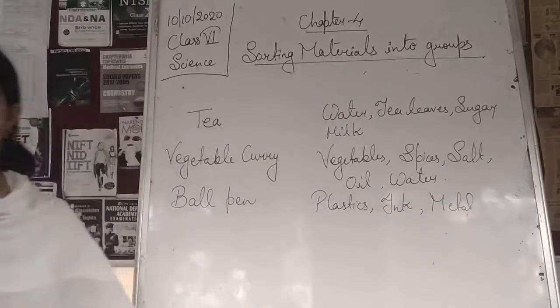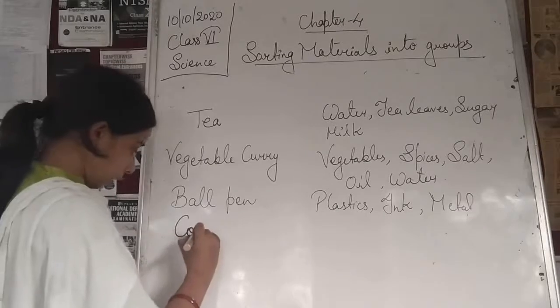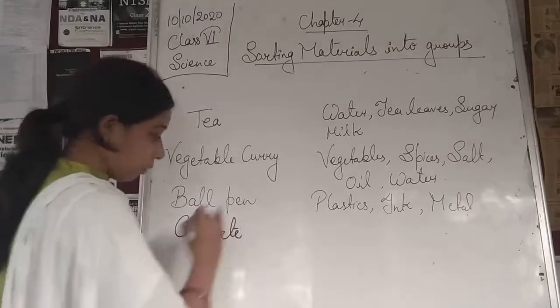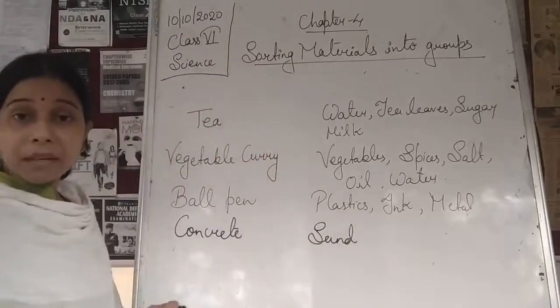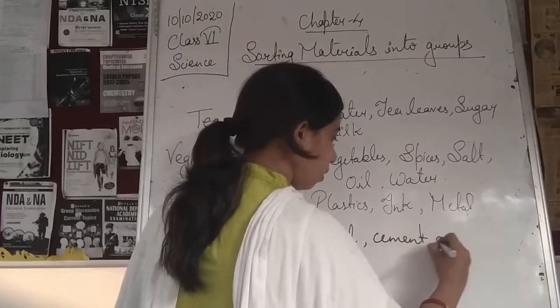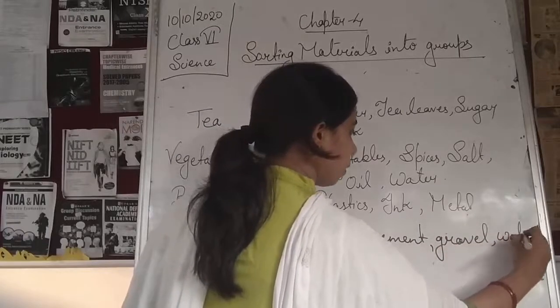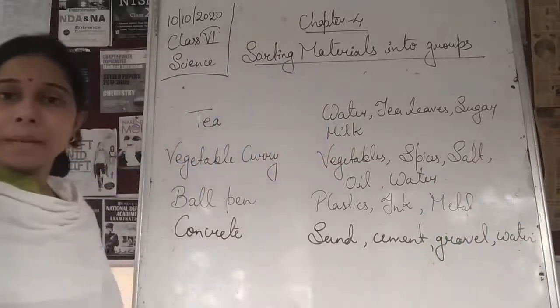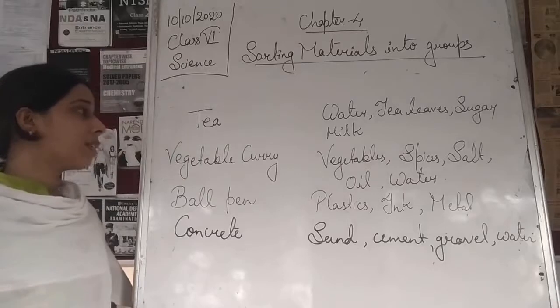Okay, or we can write concrete. So sand, cement, gravel, water, right? So you see, student, all these things, whether water is there, tea leaves is there, sugar is there.